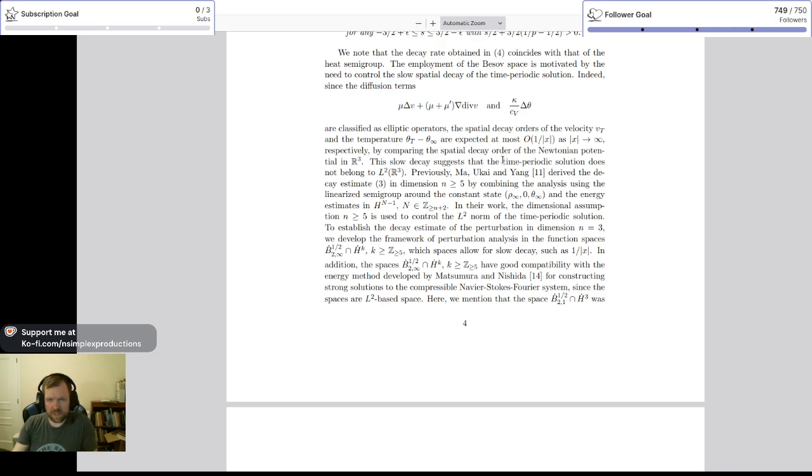Slow decay suggests that the time periodic solution does not belong to L2 in R3.